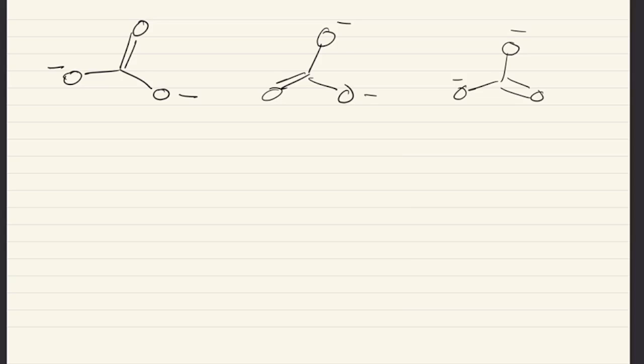Notice I'm also not showing the electron pairs, but recognizing that the formal charge there tells us something about how many lone pairs exist on each of these, right? These are the resonance forms, and it means that those electrons are delocalized, okay?